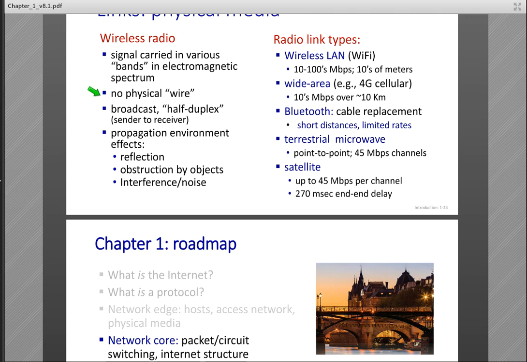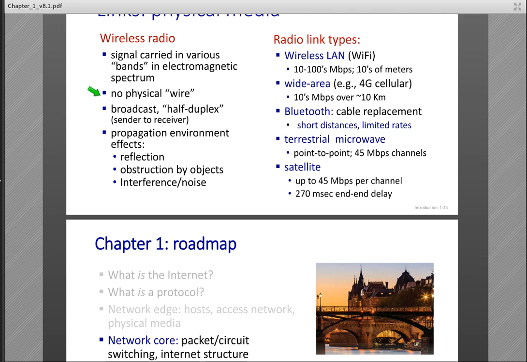And wireless radios are half duplex. It means that they can send or receive, but not at the same time. They cannot send and receive simultaneously. Why?